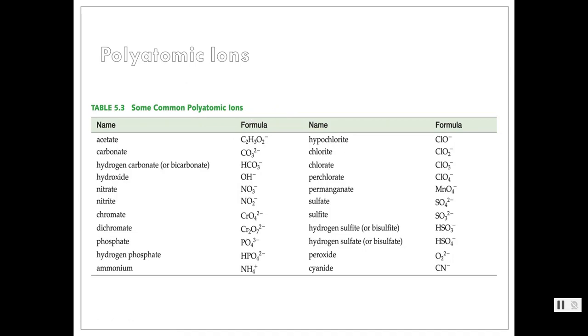You will notice that almost all of them except one are negatively charged. The only one that's positively charged, or that is a cation, is ammonium, which is NH4+. So these are some that are in your textbook. I recommend having that table handy or printing it out from the notes.